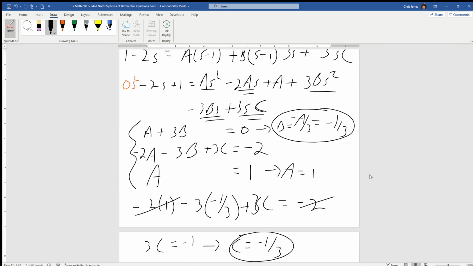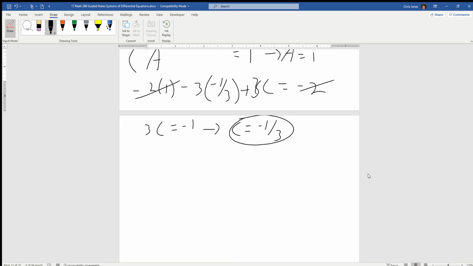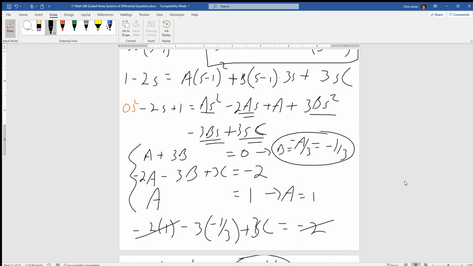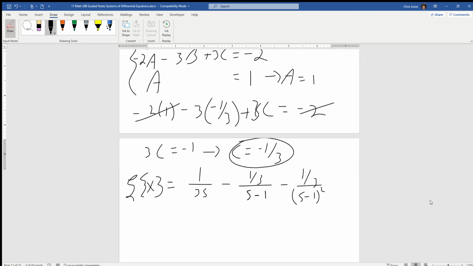Remember that B and C are the same thing, and A is 1, so our Laplace of x is going to be equal to 1 over 3s, and then we had B over s minus 1, so B was negative 1/3, so that's going to be minus 1/3 over s minus 1, and then we got another minus 1/3, so minus 1/3 over (s minus 1) squared. Now we're going to take the inverse Laplace of that.